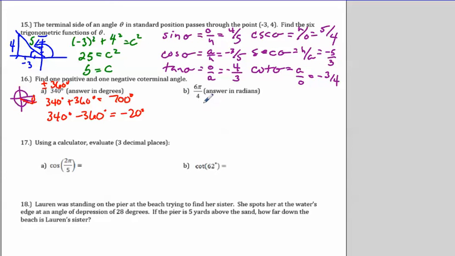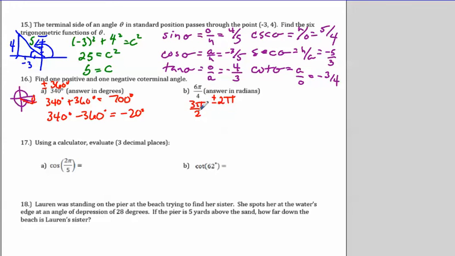When you're in radians, you want to add or subtract 2 pi, which is the degree measure in radians of a full circle. I have 6 pi over 4, and I can use that number if I want, but I'm going to have to end up simplifying my answers, so I'm going to start by simplifying this fraction. So 6 pi over 4 is the same as 3 pi over 2 if you divide numerator and denominator by 2.